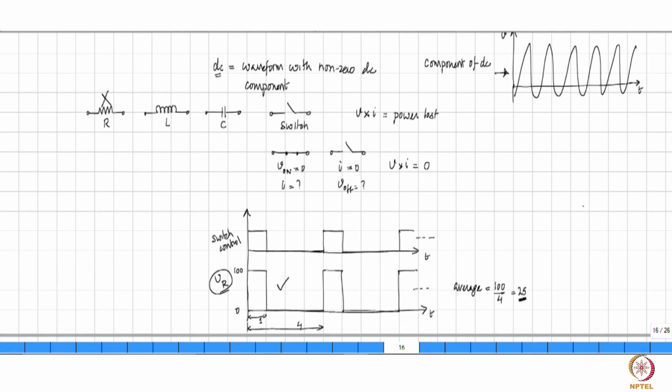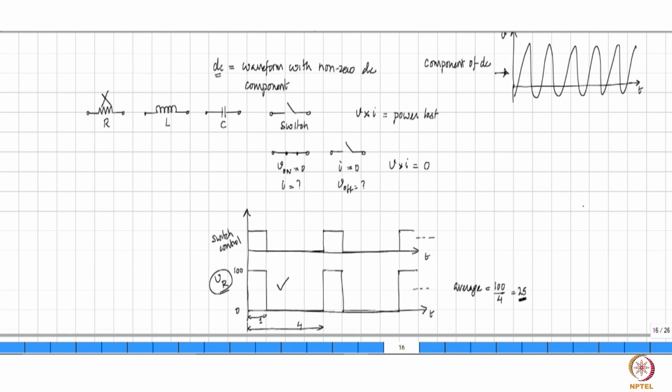So if you keep it on for 1/4 of the time and the remaining 75% you keep it off, then on an average you get the required DC value applied across the resistor.